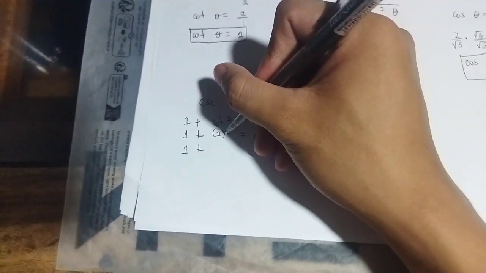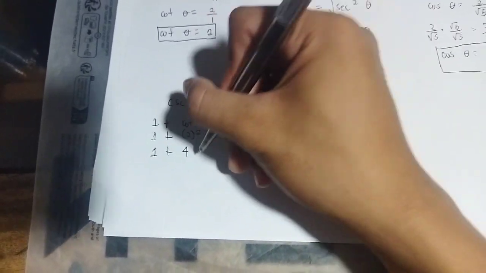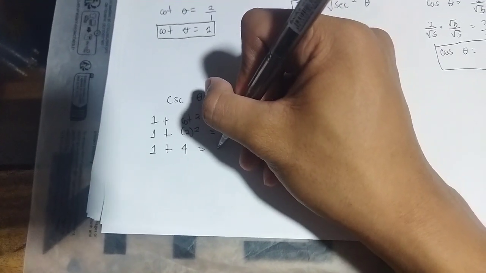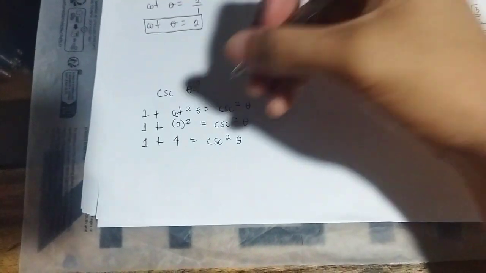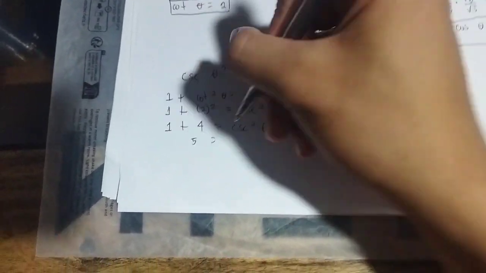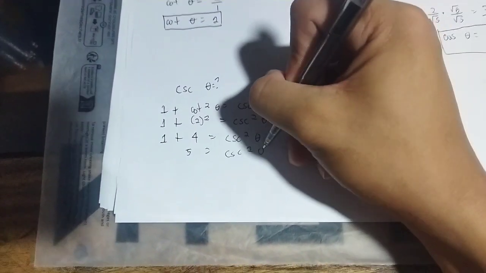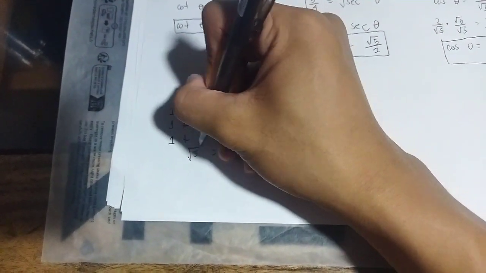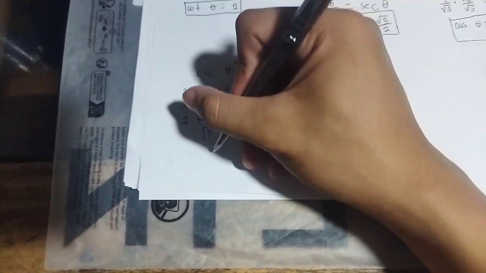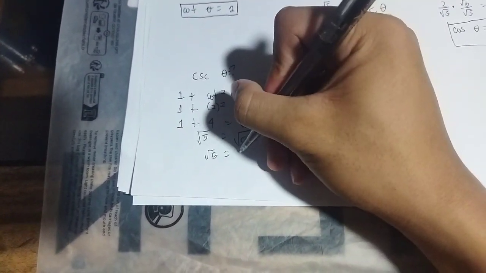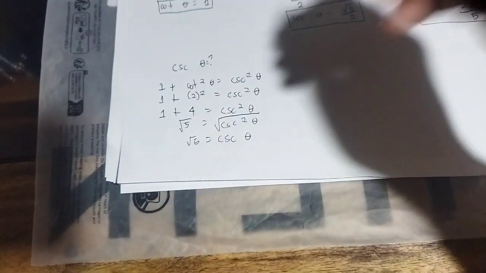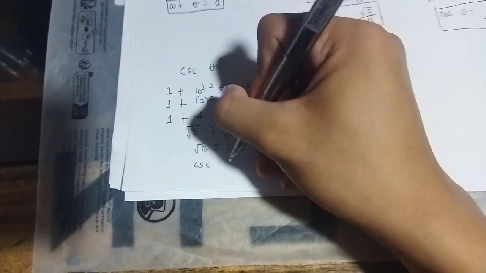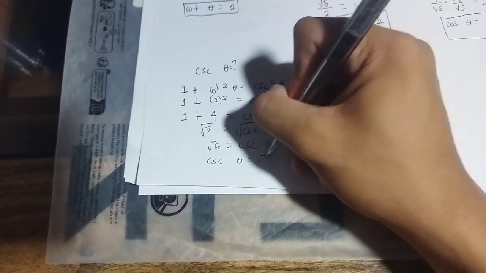So 2 squared is equal to 4. Then copy. 1 plus 4 is equal to 5. Then square root the 5 and the cosecant. So we have square root of 5 is equal to cosecant theta. So therefore, cosecant theta is equal to square root of 5.